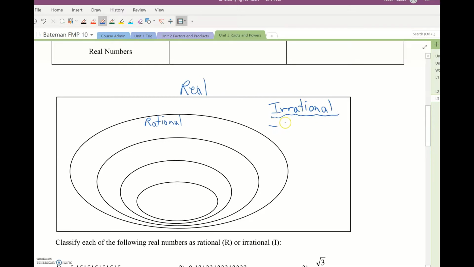Real quick, the definition of an irrational number: you can't make it a fraction.